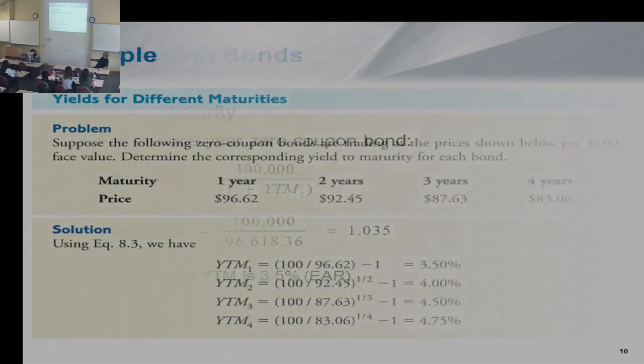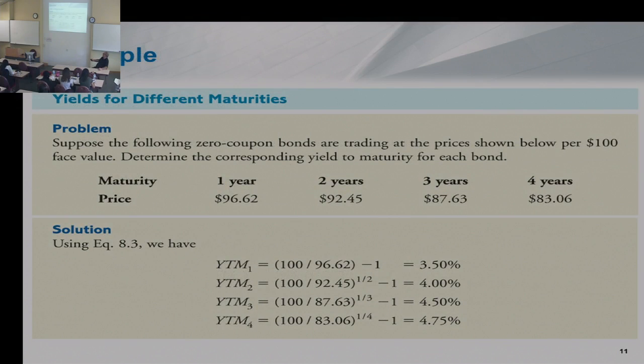What about for more than 1 year? Well, suppose the following zero coupon bonds are trading at these prices. Note, the further into the future you go, the bigger the discount because of the time value of money. So to find the yields, that 1 year bond is a 3.5%.